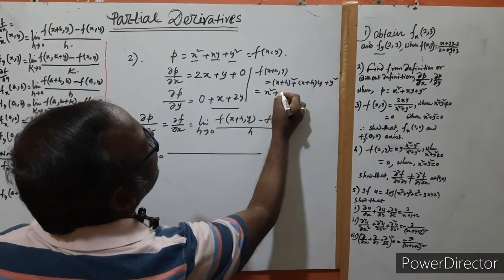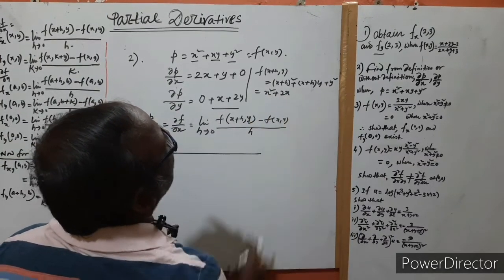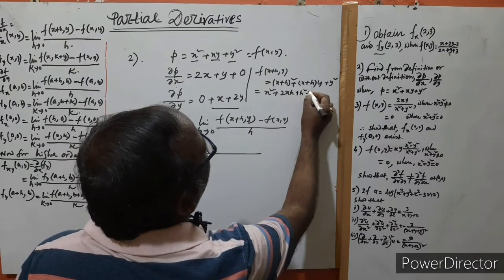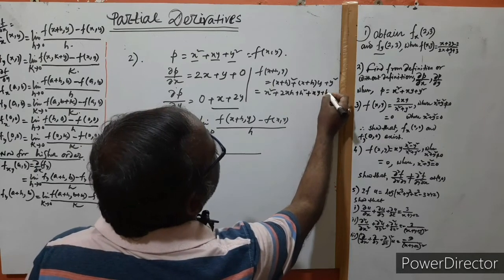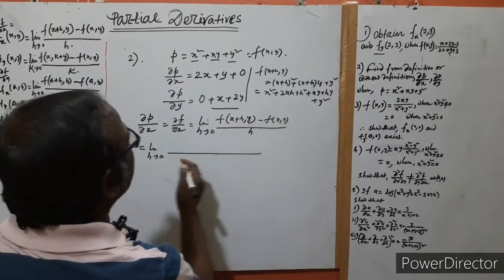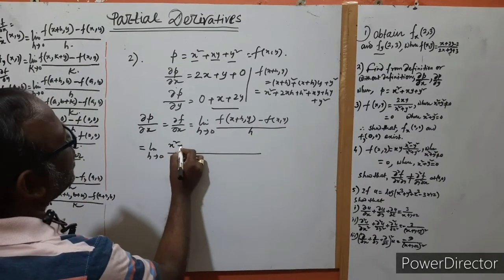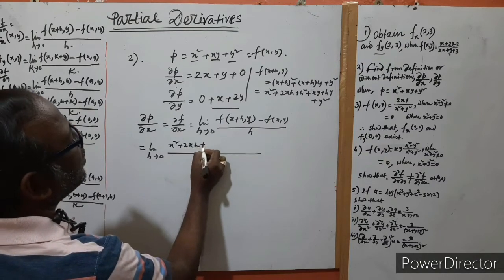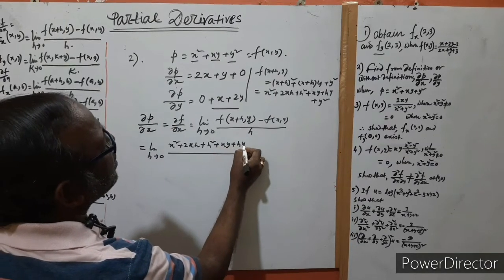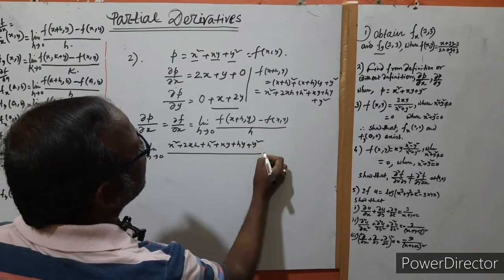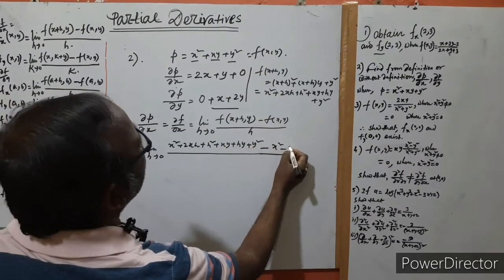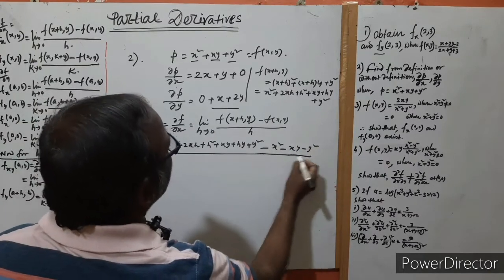Now simplify: x² + 2xh + h² + xy + hy + y². Now in place of that, put x² + 2xh + h² + xy + hy + y² minus x² minus xy minus y², all divided by h.